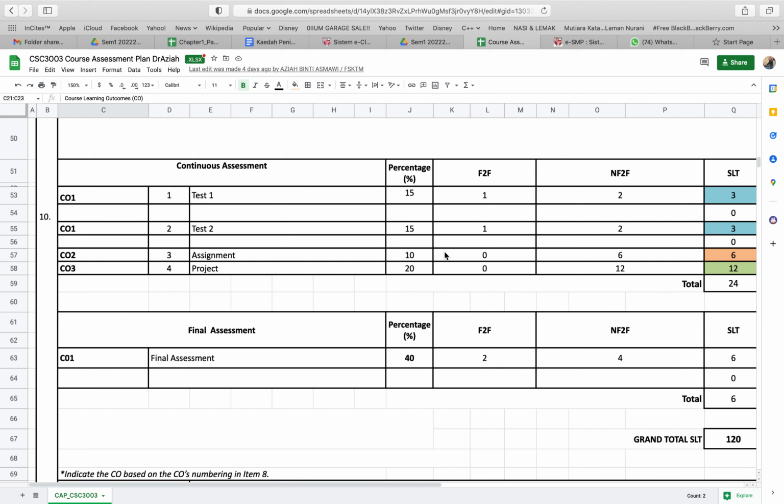Then assignments 10%, and you are going to have a project at 20%, which you will need to solve in a group. Clear? And the final exam, as usual, will cover 40%. So you can start to aim for where you want to score. Any questions? Excited to learn?